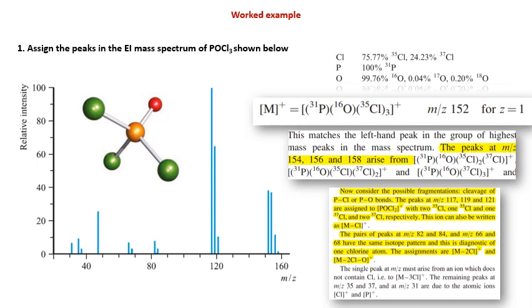So overall, you can understand that all the signals match our observation. We have analyzed it. The right hand side, around 160, is for the molecular ion and its corresponding isotopic distribution pattern, which I have talked about. The peak around 120 is for the fragment where one chlorine atom is clipped from the phosphorus center.